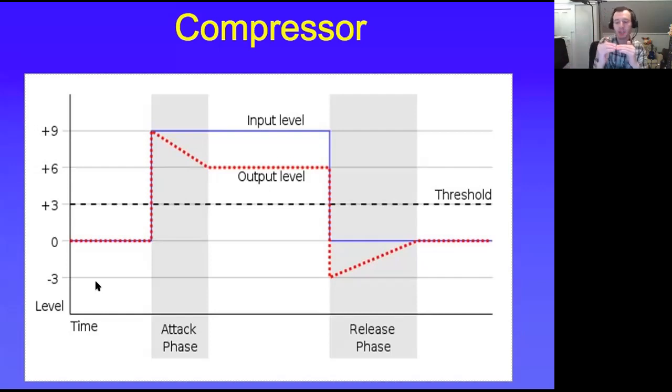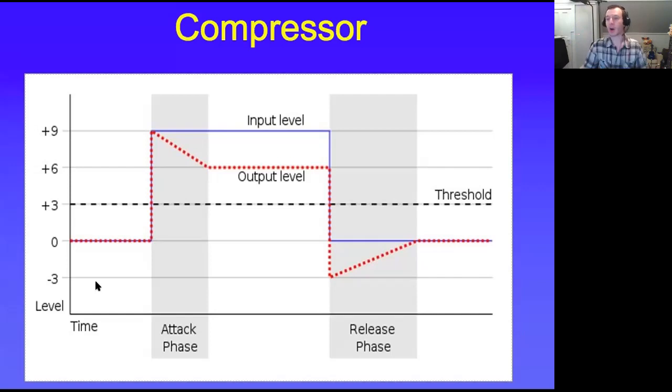If the signal came in 4 decibels above our threshold, the output after the full reduction of the compressor, full engagement, would be 2 decibels above the threshold. So it's a 4 to 2 ratio, which is the same as 2 to 1. If the signal came in 8 decibels above, the output would be 4 decibels above. If the signal came in 12 decibels above, the output would be 6 decibels above. That's a 2 to 1 ratio.